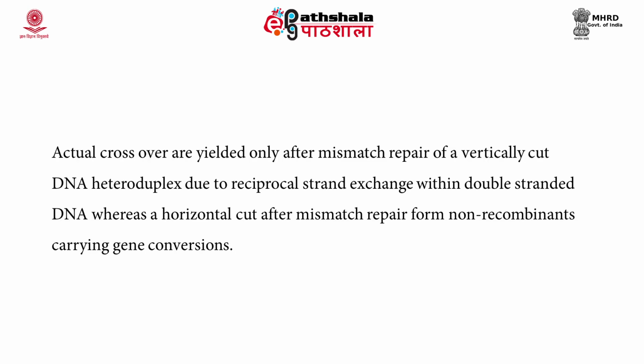Actual crossovers are yielded only after mismatch repair of the vertically cut DNA heteroduplex due to reciprocal strand exchange within double-stranded DNA, whereas a horizontal cut after mismatch repair forms non-recombinants carrying gene conversions.